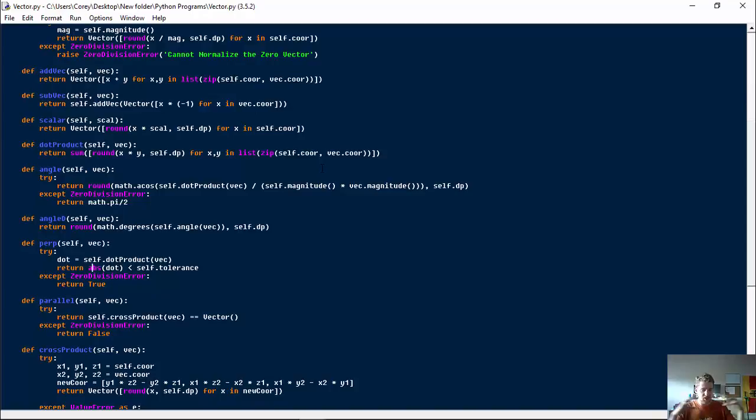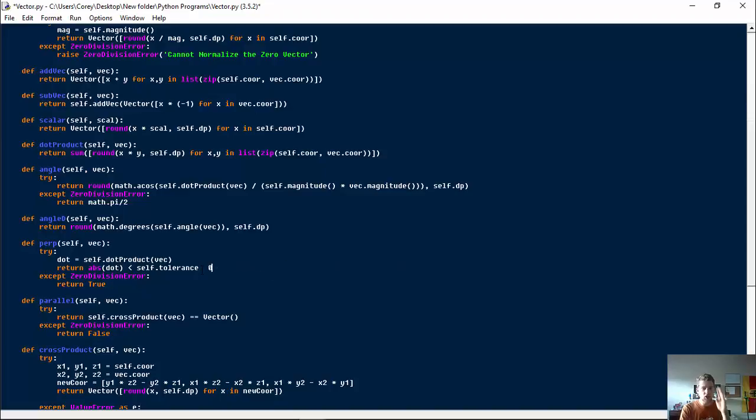I had that big expression: if 0 minus tolerance is less than the value, or if 0 plus the tolerance is greater than the value, return true, because that means it's within my tolerance range.